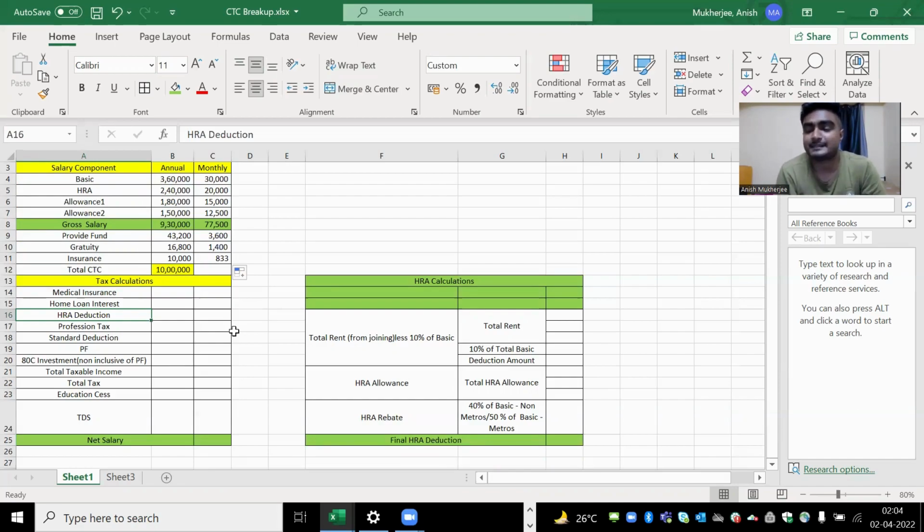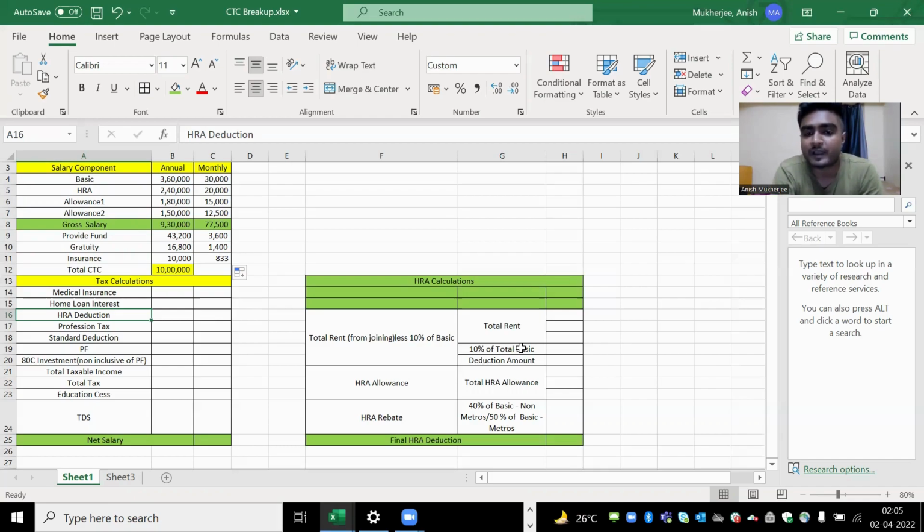Step 2 is the actual HRA allowance that my company is paying. Step 3 is basically for metro cities. It is calculated as 50% of my basic salary, and for non-metro cities, 40% of my basic salary. Out of these 3 steps, the minimum is what you can claim, and that is what is going to be deducted for your tax calculations.